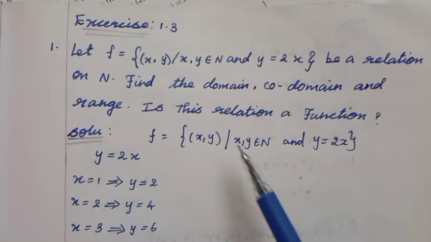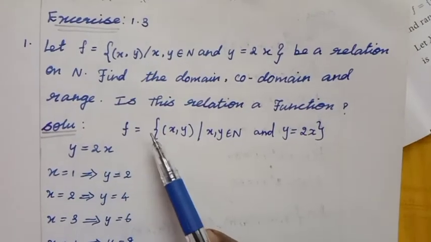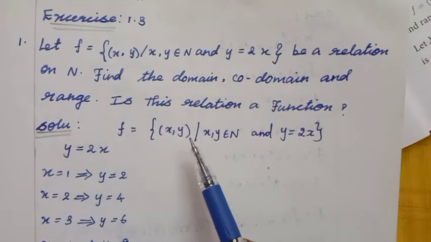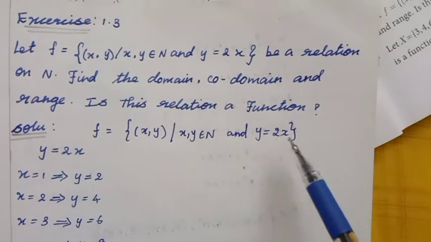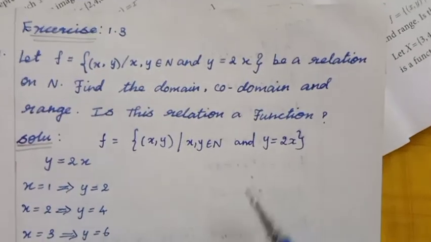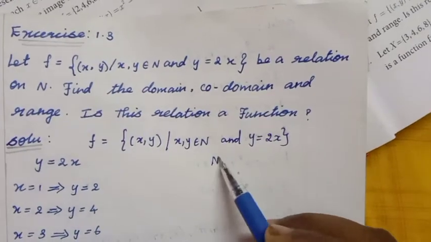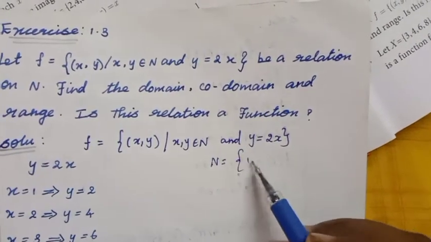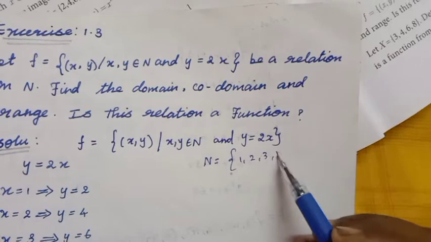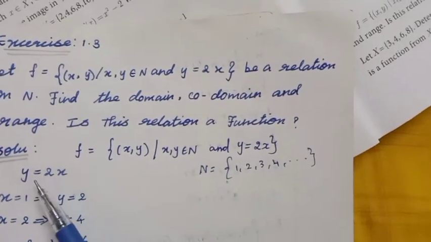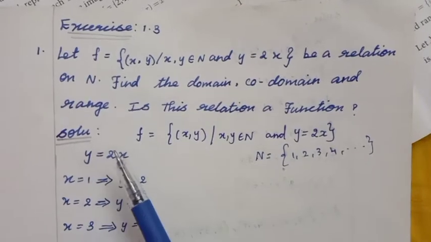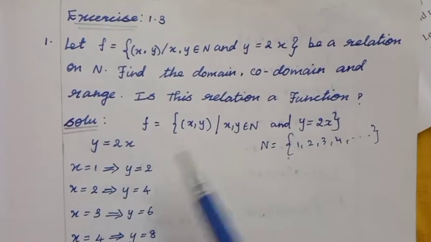Students, first you have to write the given relation. f equal to the set of all ordered pairs (x, y) such that x, y belongs to N and y equals 2x. We know that N is the natural numbers starting from 1: 1, 2, 3, 4, etc. So you have to consider the relation y equals 2x.